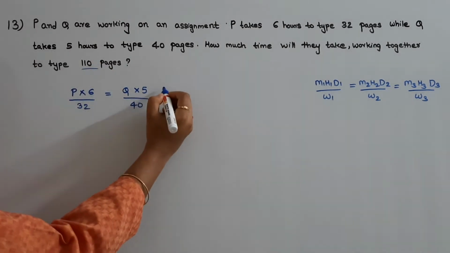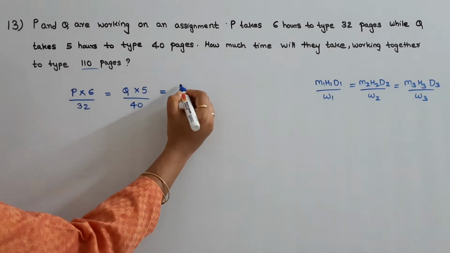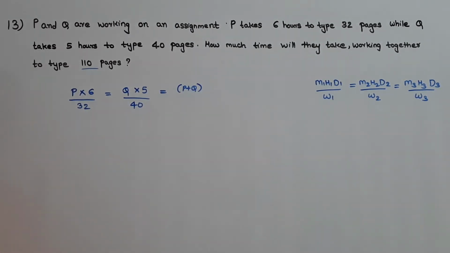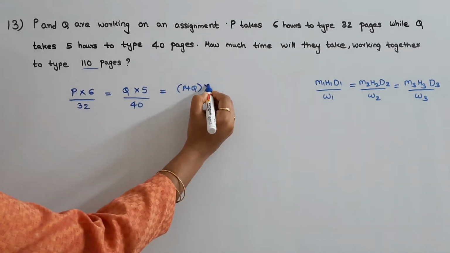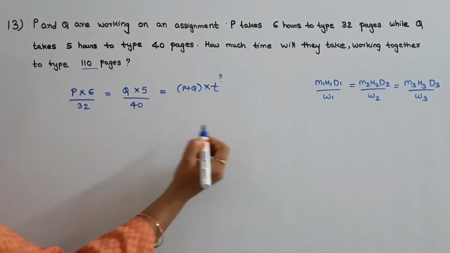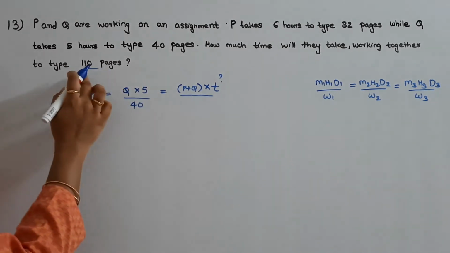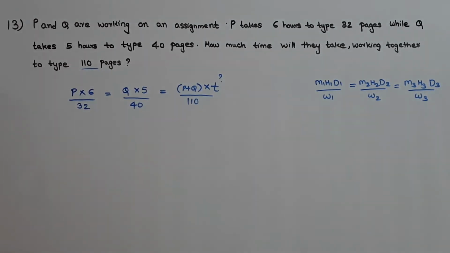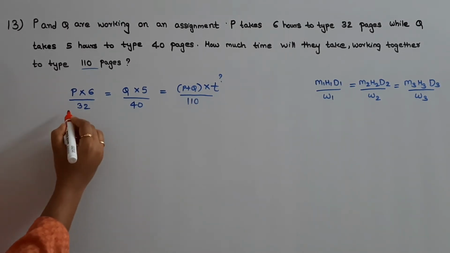Okay, so we can equate this to the efficiency of P and Q together will be P plus Q, and the time taken by them we need to find out by what is the work done, 110 pages. Now first let us consider this part.